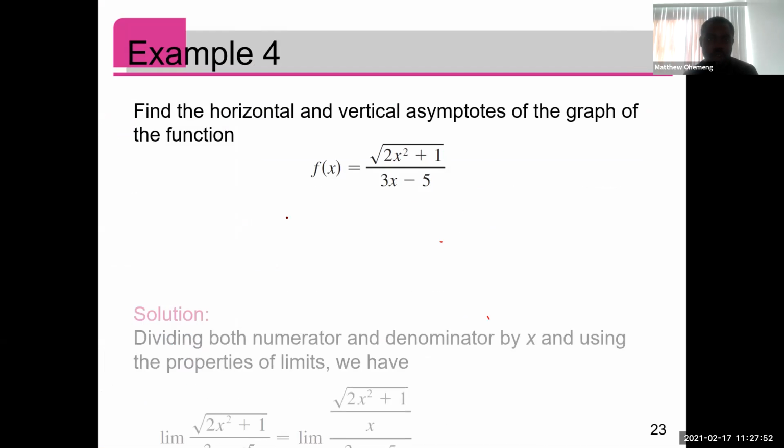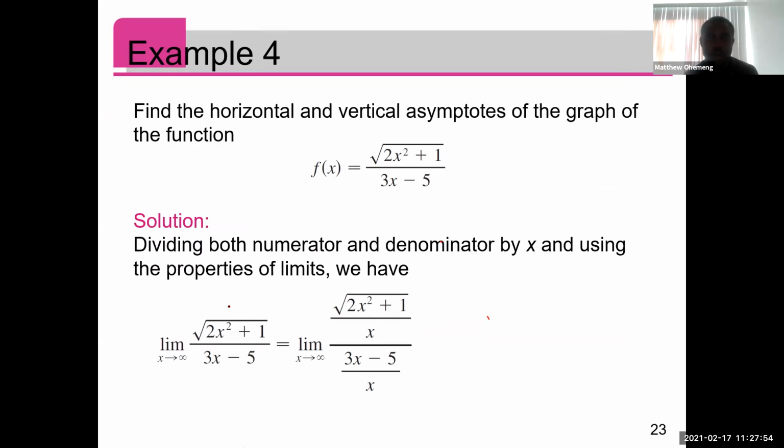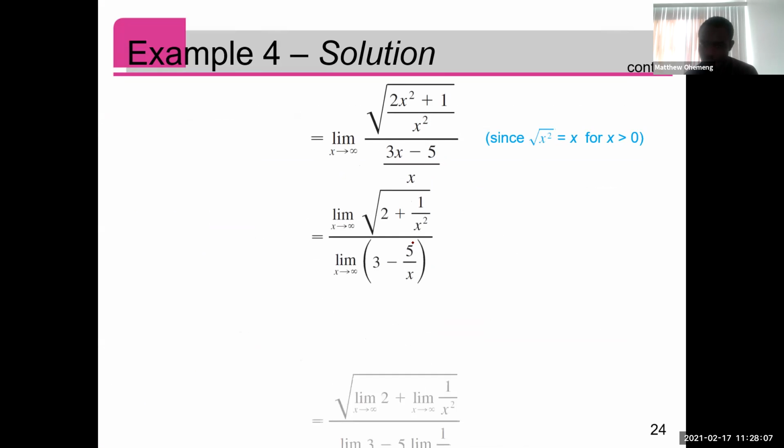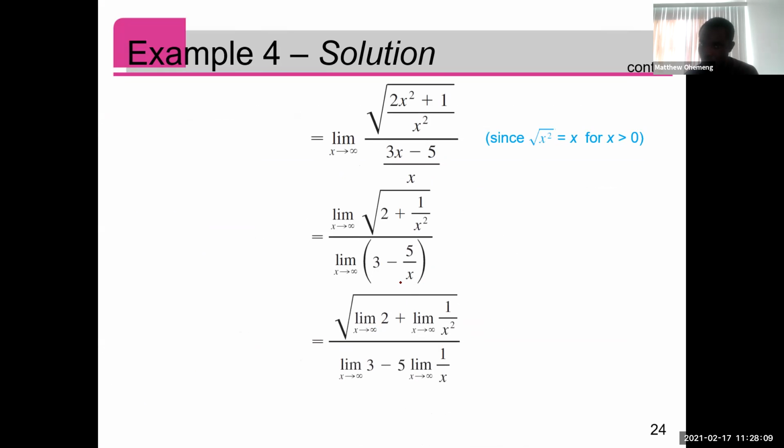Right, so for here, they started with taking the limit at positive infinity. Divide each by x, and the square root of s squared is x for s positive. So it becomes this, and then it simplifies to this. Then you know by the limit laws, the limit of a radical is the radical of the limit of what is underneath, the radicand.